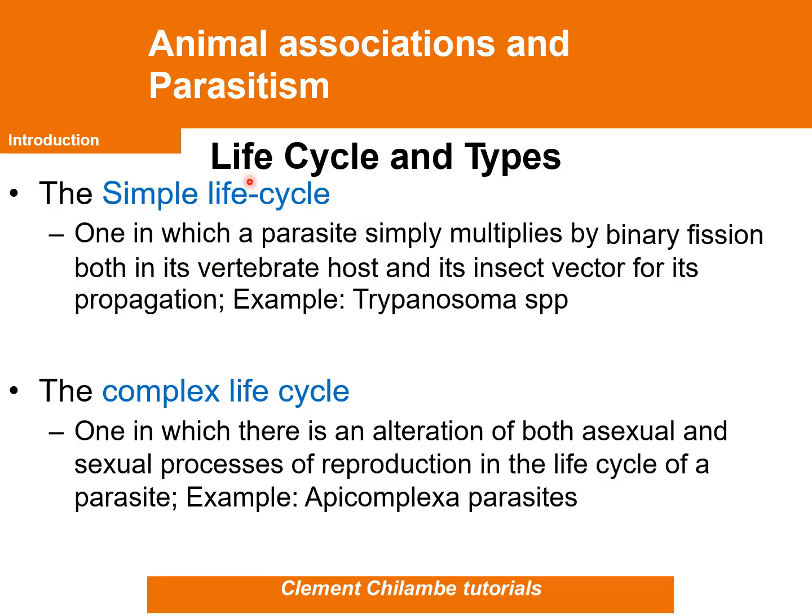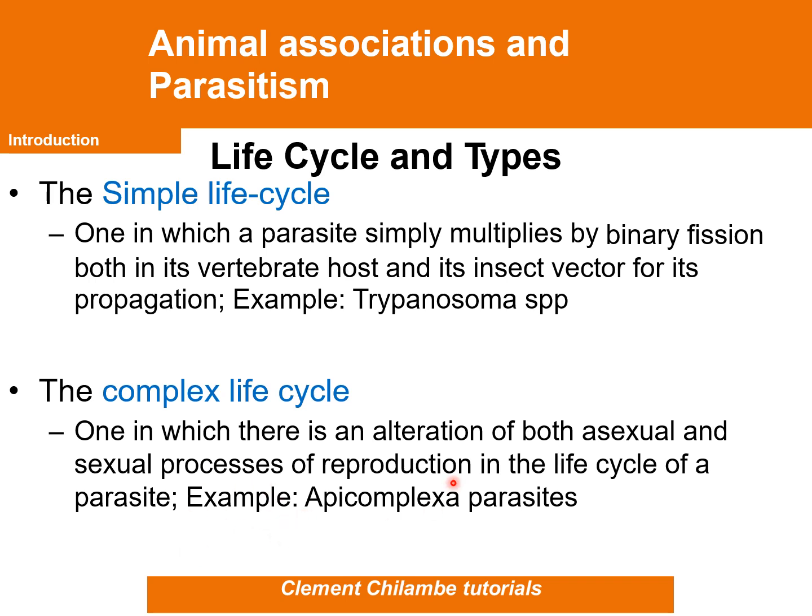And then we have the simple life cycle. Some books classify the life cycle as a simple life cycle. This is one in which a parasite simply multiplies by binary fission, both in its vertebrate host and its insect vector for its propagation. An example of this is the Trypanosoma species. And then we have the complex life cycle. This is where there is an alternation of both asexual and sexual processes of reproduction in the life cycle of a parasite.